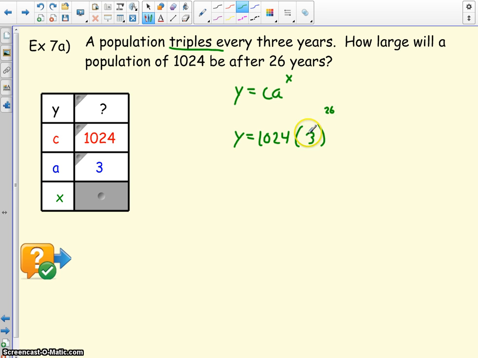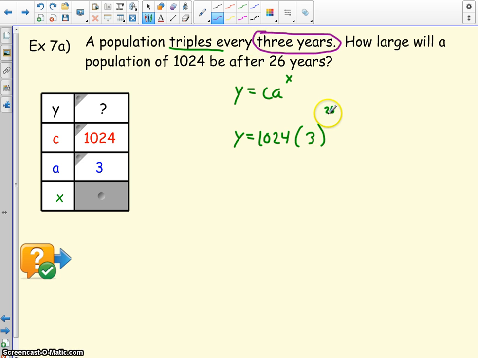Now, if I have 3 to the exponent of 26, I am saying that in my 26-year time period, the population is tripling 26 times, right? Because it's 3 to the exponent of 26. However, it's not tripling 26 times in 26 years because it only triples every 3 years. So we have to take that into consideration here. It's not tripling every year, only every 3 years.